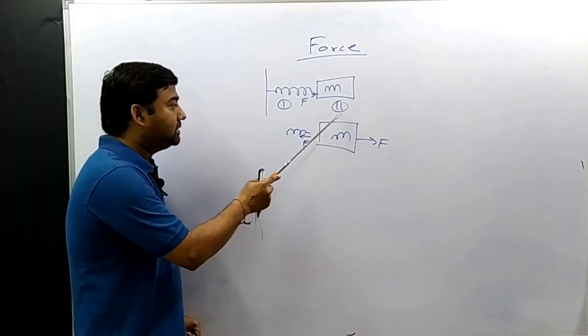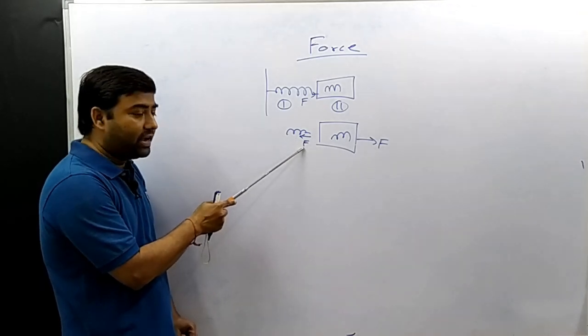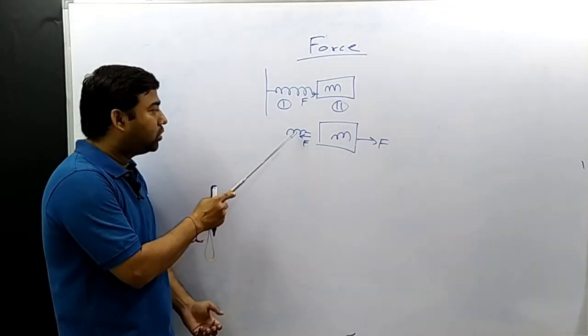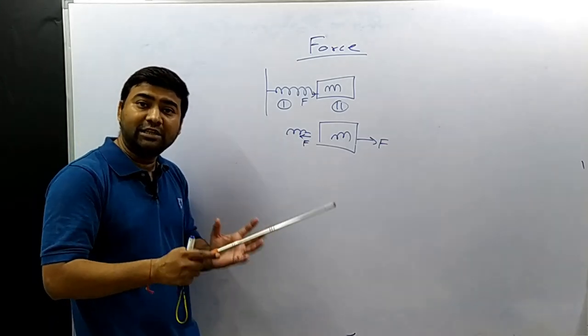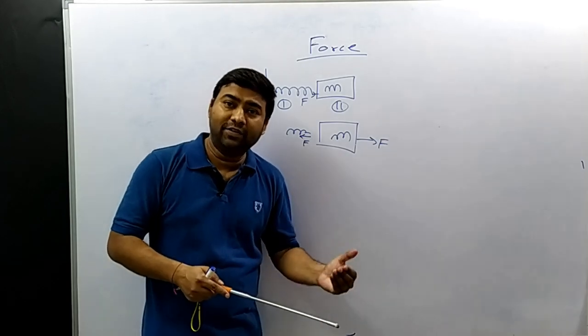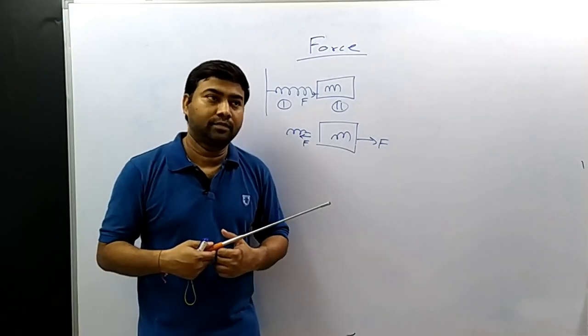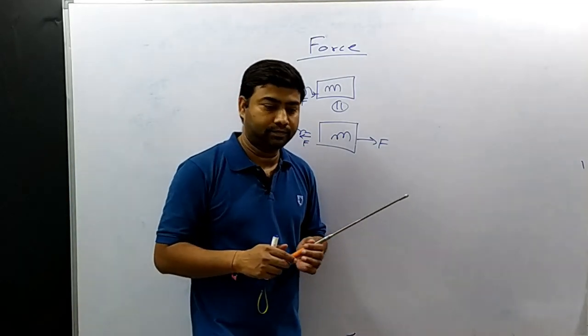In reaction, this mass applies F force in the opposite direction on the spring. So both spring and mass experience force F in exactly opposite directions. So this is the basic definition of force.